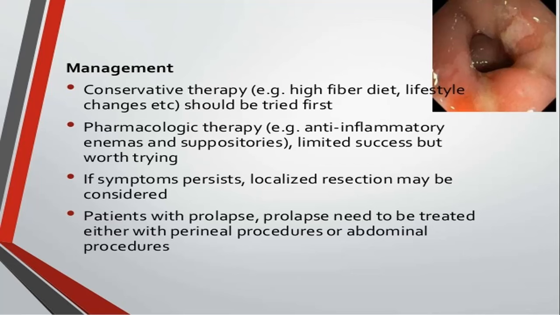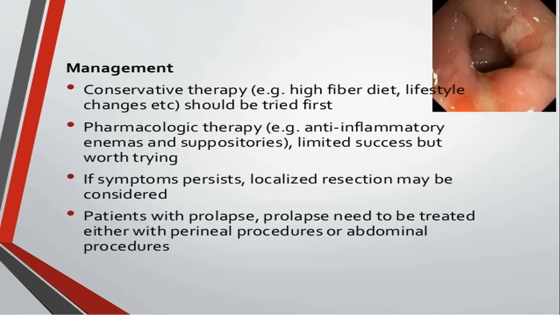Ask the patient to eat a high fiber diet like bananas, bulk forming agents for stool, and ask the patient to modify lifestyle, eating vegetables, doing exercises, and increasing activity. It is the first choice in solitary rectal ulcers.